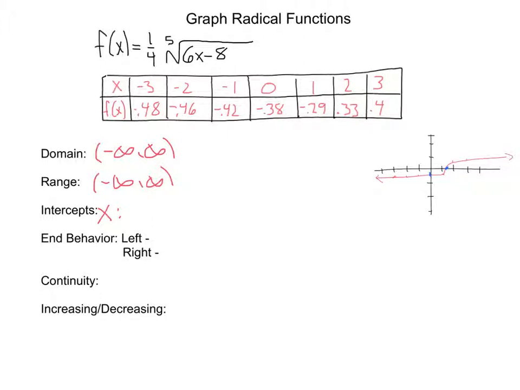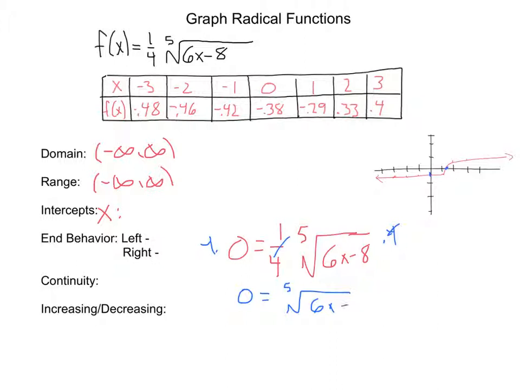So if I plugged 0 in for f of x in our original equation, I'd get 0 equals 1/4 fifth root of 6x minus 8. To solve for that, I'd have to times by 4, which cancels my 1/4. That'll give me 0 equals fifth root of 6x minus 8.